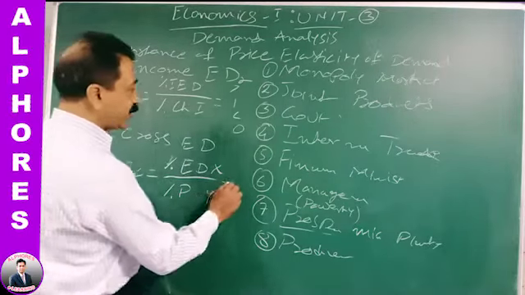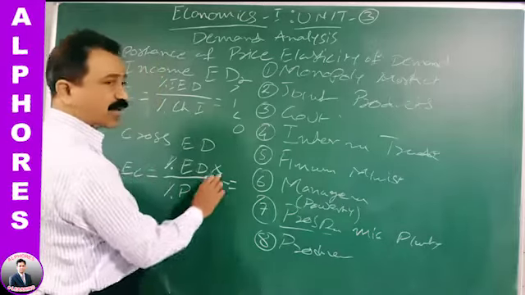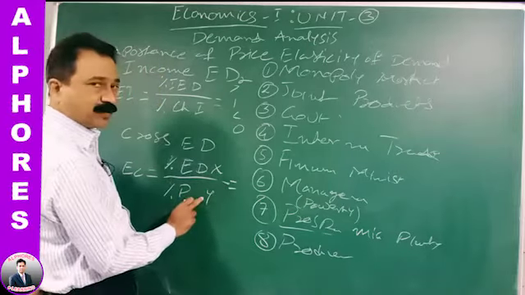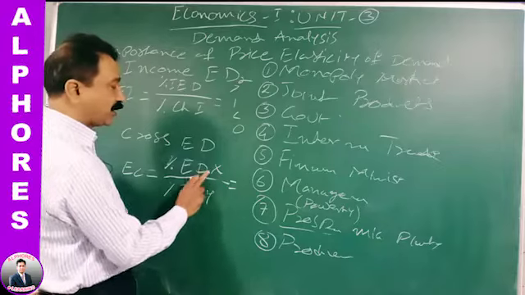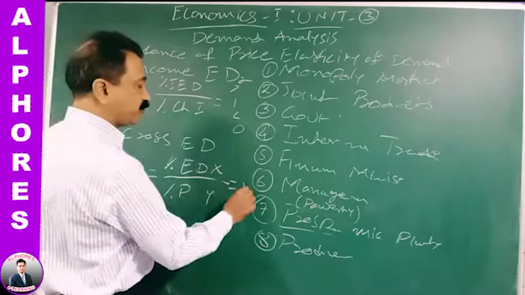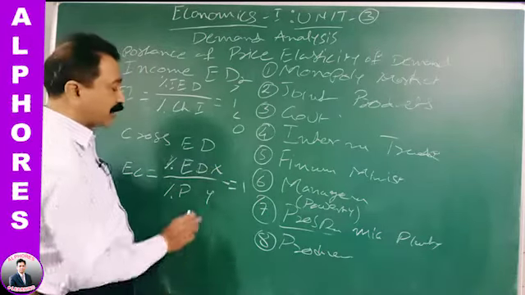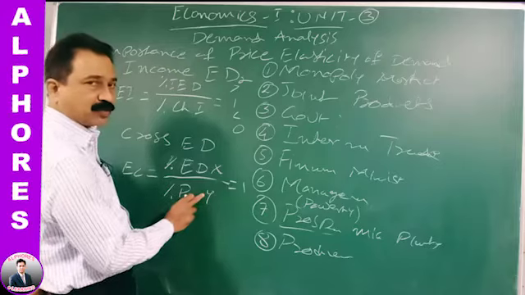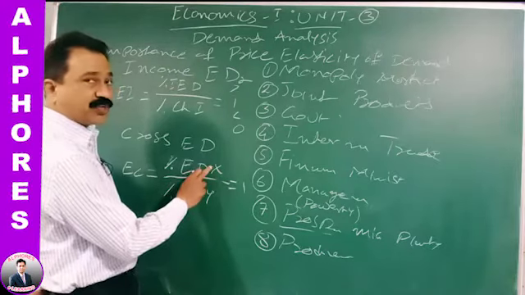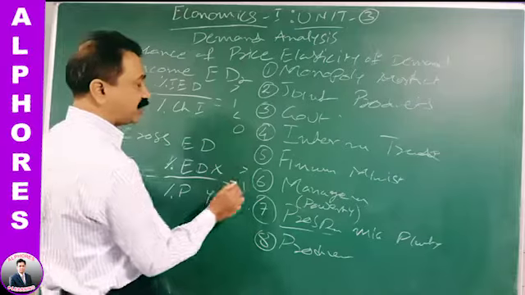Again, if the price of Y changes equal to the change in demand of X, then it is unit. If the price changes 5% and demand changes 10%, then it is greater than 1.